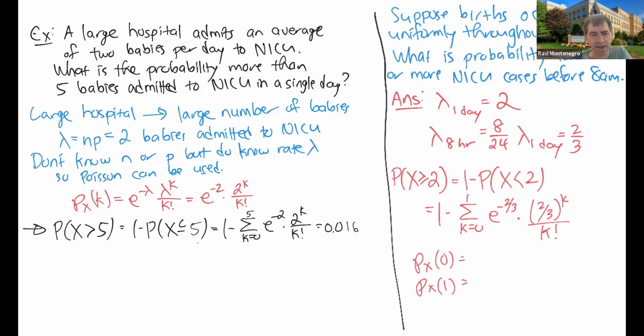So the zero case is 0.51. That means that about 50% of the time, there should be no NICU cases before 8 a.m. And then for one case, that's 0.342.